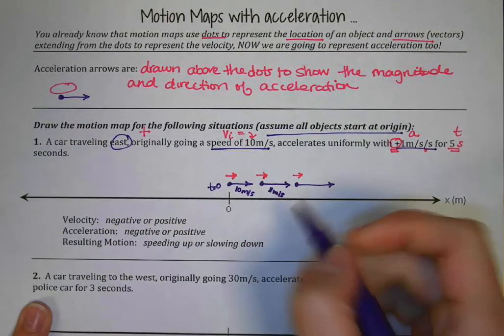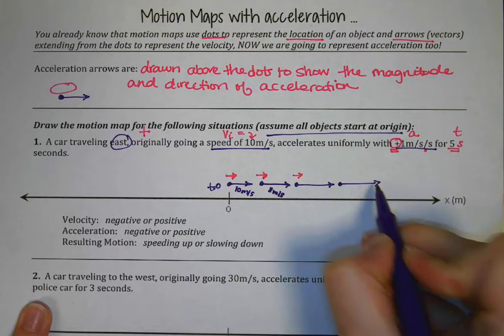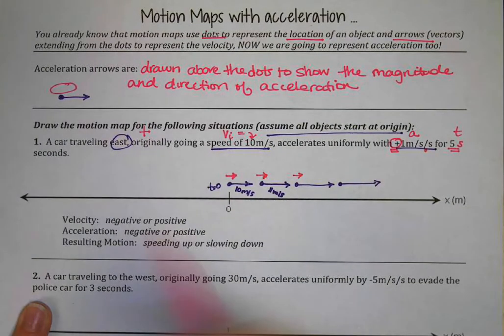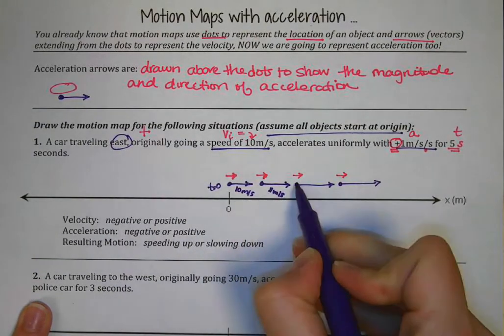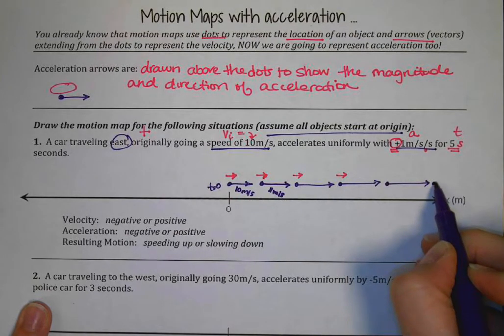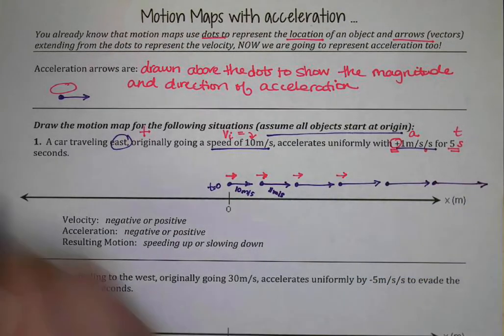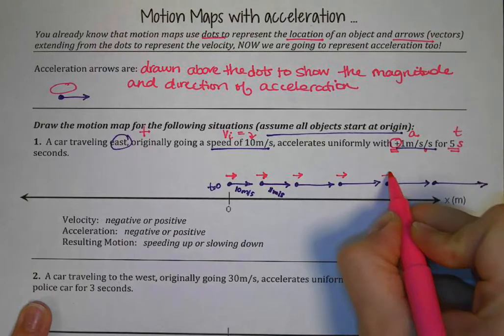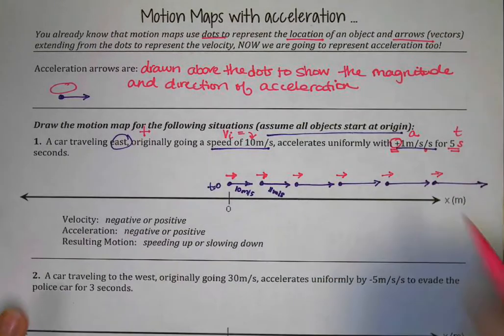Then 3. Each time my velocity is getting larger. 4 and 5. Those acceleration arrows should be there to show that as well.